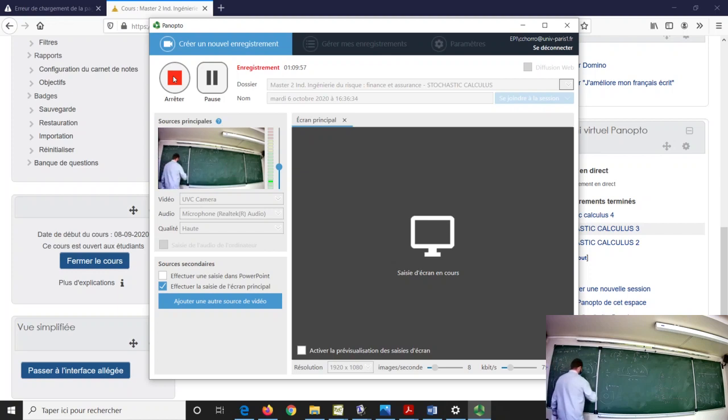I erase everything. We are going to state and admit, and it will be the only time in this course where I will use this result, what we call the Doob inequality.